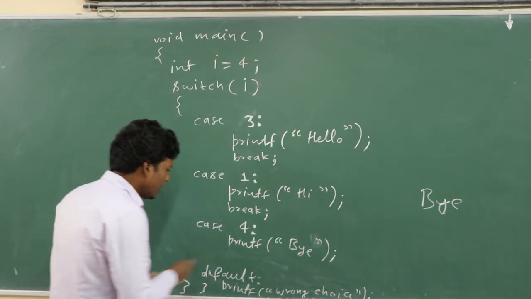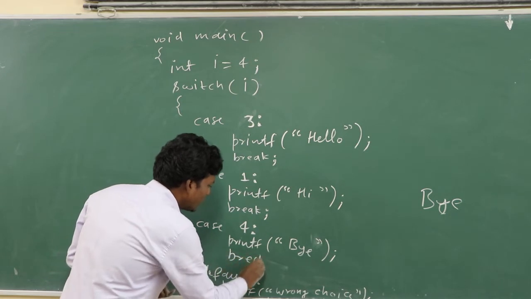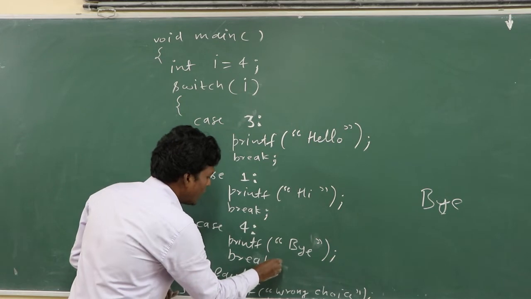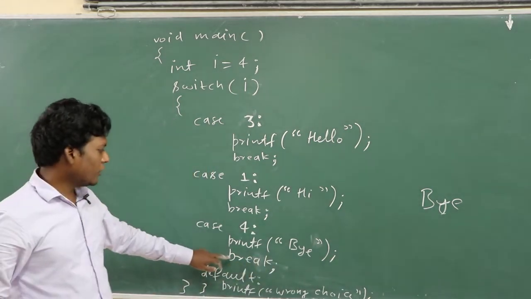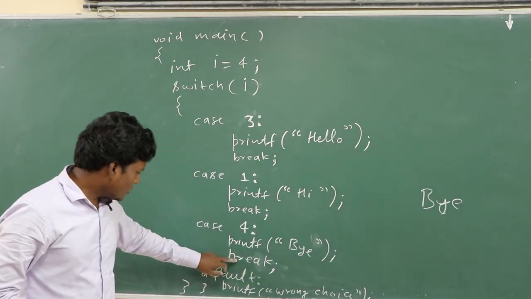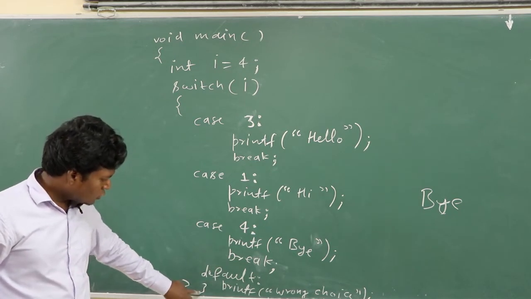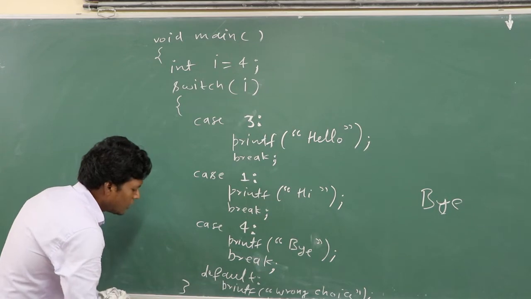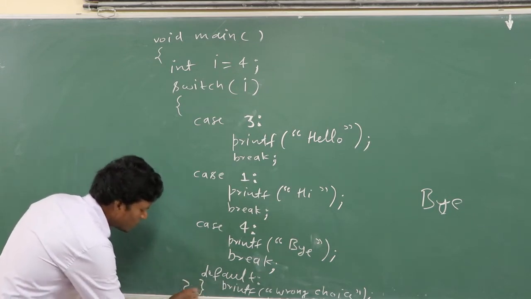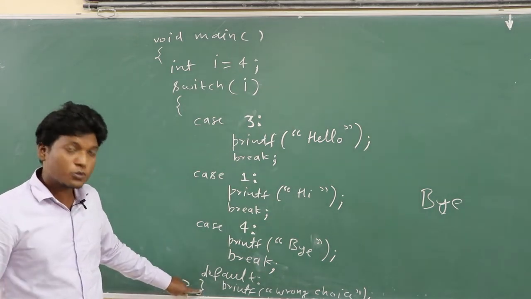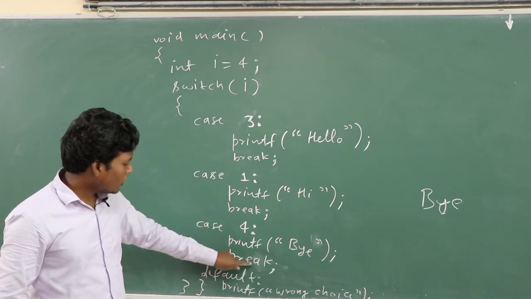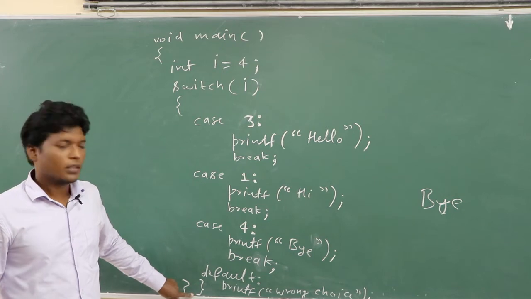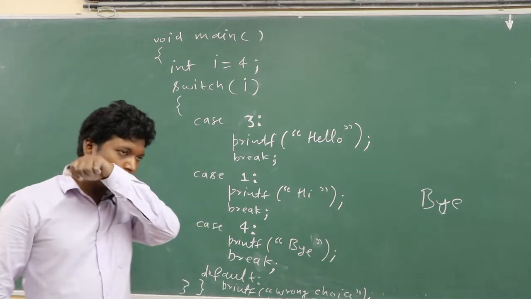If you write the break keyword, then when control comes to break, it takes the control outside the switch block. This is the closing bracket of the switch. So here output is bye.